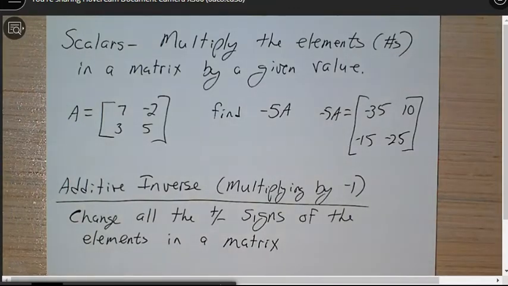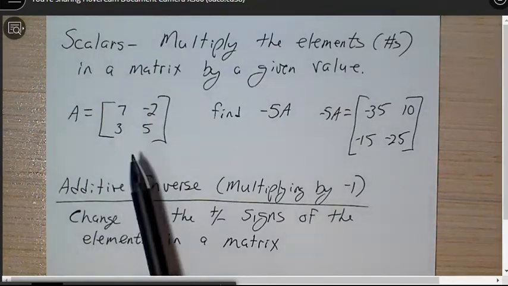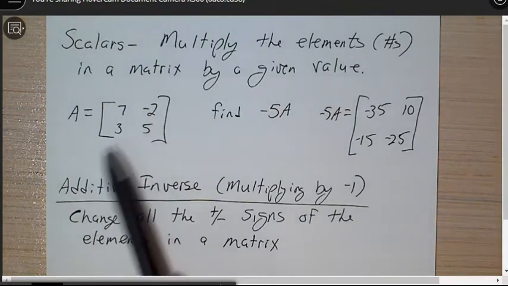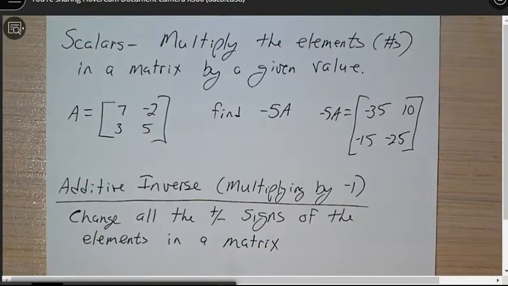So just a special little case: if you multiply by negative 1, they call that the additive inverse. If you take some matrix you have, this one, and you multiplied it by negative 1, and then you added those two things together, you would wind up getting a zero matrix. That's really all that it's talking about when it talks about additive inverses here.